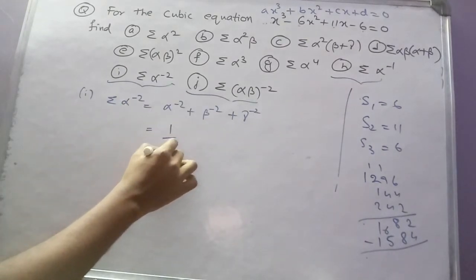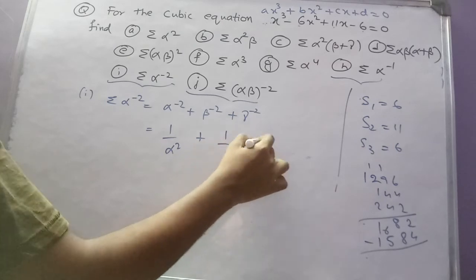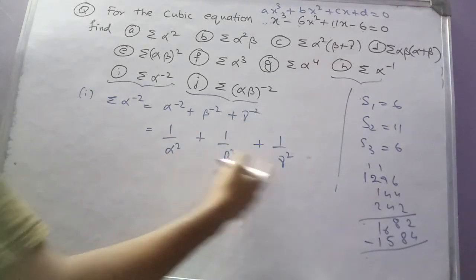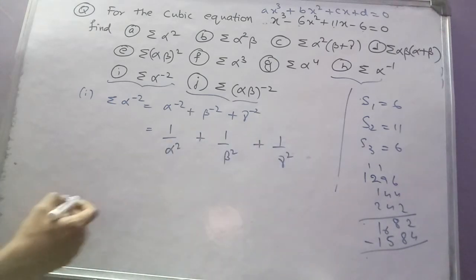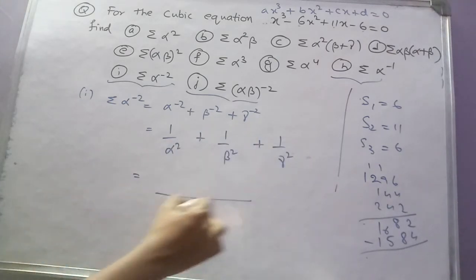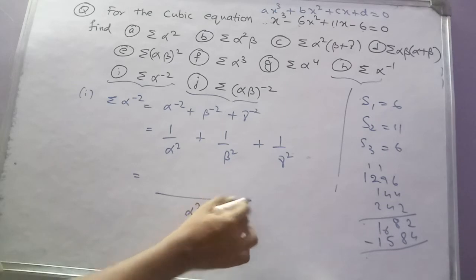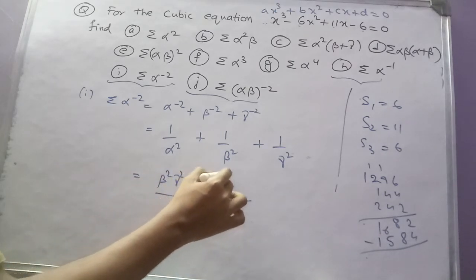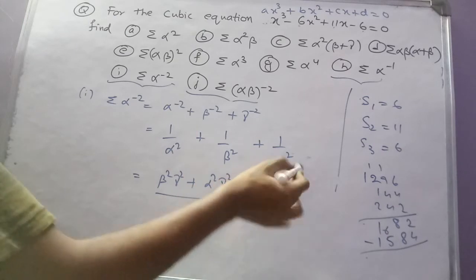So this is 1 by alpha square plus 1 by beta square plus 1 by gamma square, and take the LCM of denominators, get a common denominator. So the denominator will be alpha square, beta square, gamma square. The numerator will be beta square gamma square plus alpha square gamma square plus alpha square beta square.